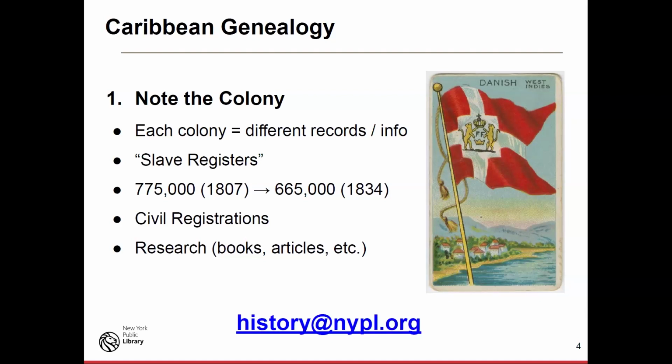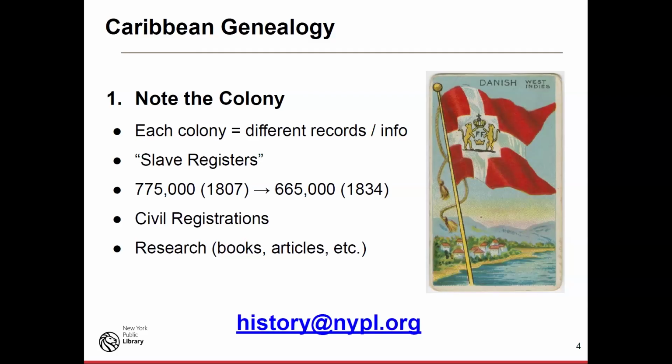The first thing you want to do is note who the colonial power is. There were a handful of Western colonial powers involved in the islands in the Caribbean over the centuries, because depending on the colony or the colonial power, these governments collected different types of records, and that'll determine what kind of records are available.